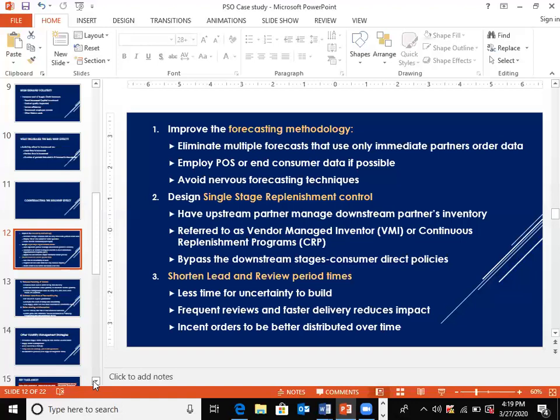The first one is perhaps one of my favorite ways, and this is improving your forecast methodology.